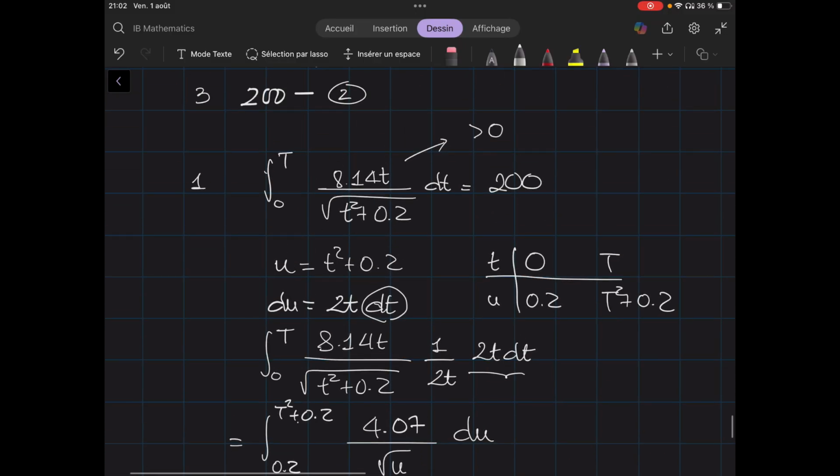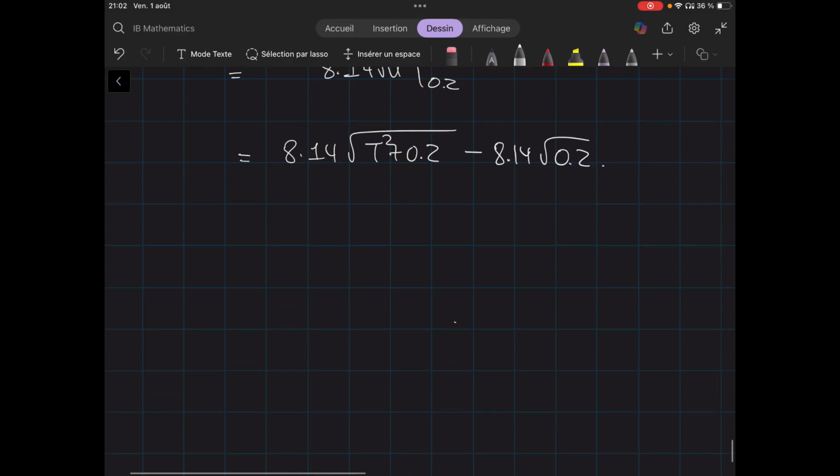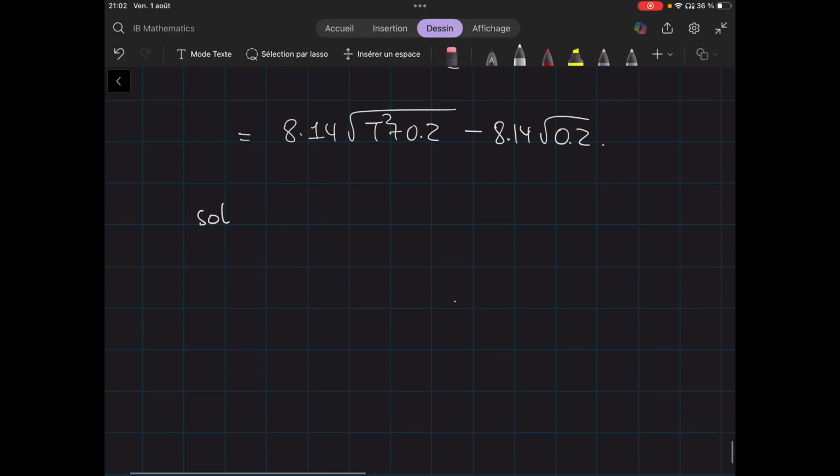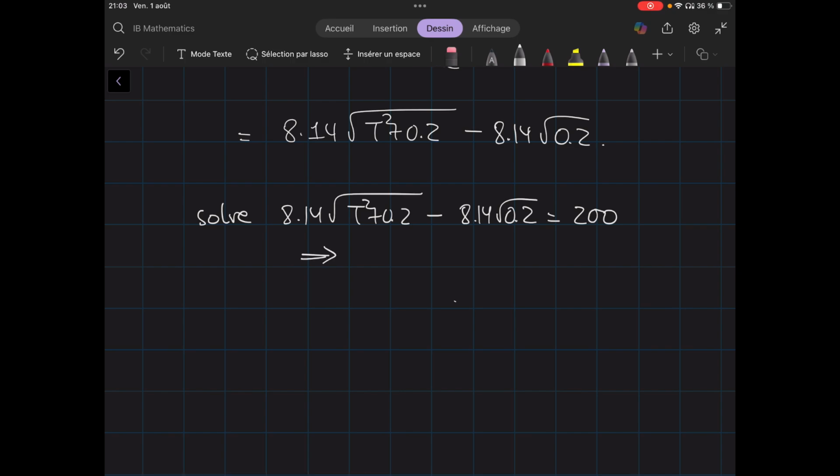Now, we know that that integral has to be equal to 200. So now we've got to solve the equation. And you will get T is equal to 25 seconds.